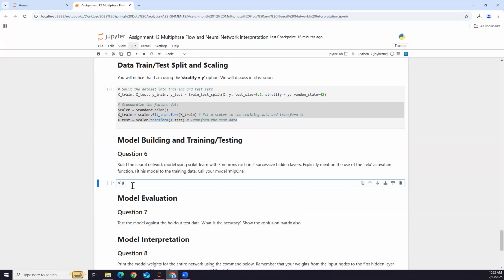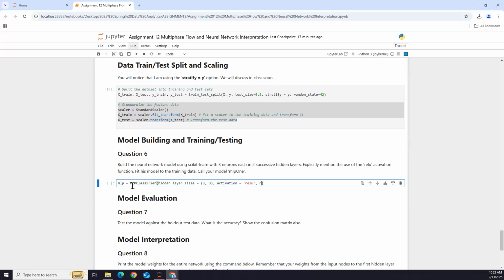Let's call it MLP, and that uses the scikit library classifier, MLP classifier, and we have hidden layer sizes. I'm going to have 3 in the first layer, and then 3 hidden neurons in the second layer. And I'm going to be using an activation function that is the ReLU activation function.